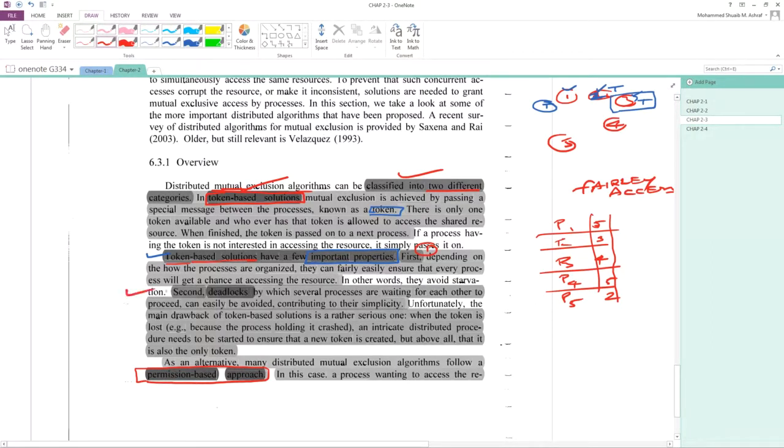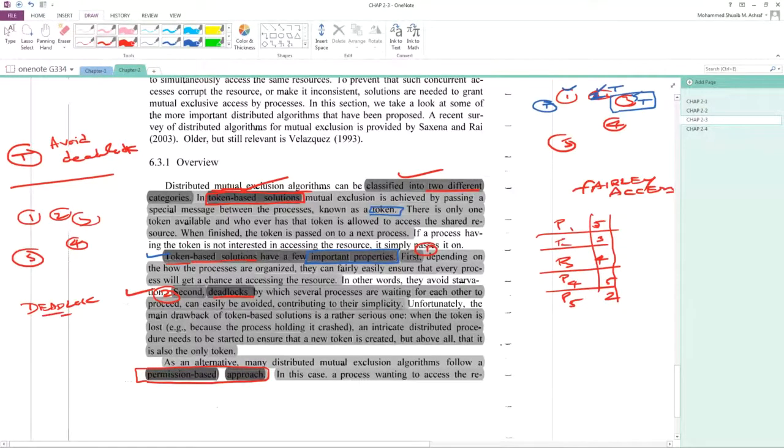Number two is deadlock. With the help of token T, we will avoid deadlock. How is deadlock avoided? Let's say this is process 1, process 2, process 3, process 4, process 5. If all processes want to access the resource at the same time, there would be a deadlock.